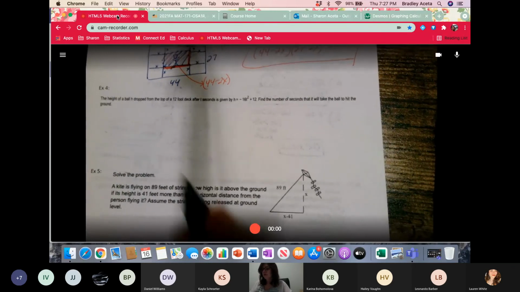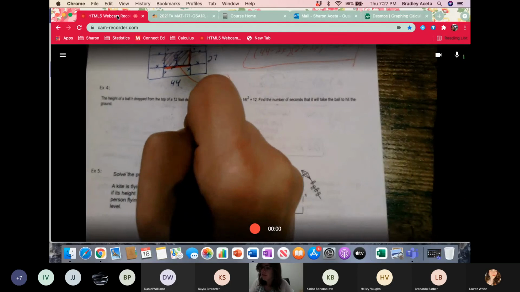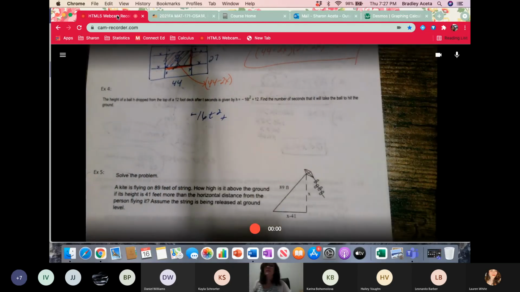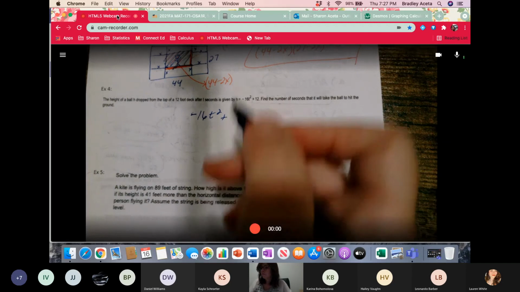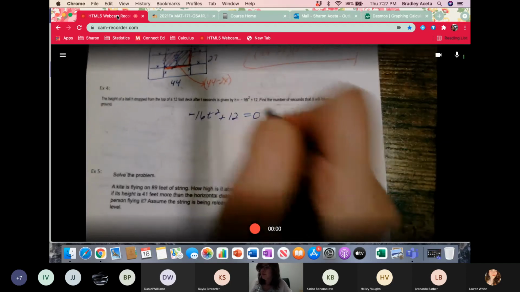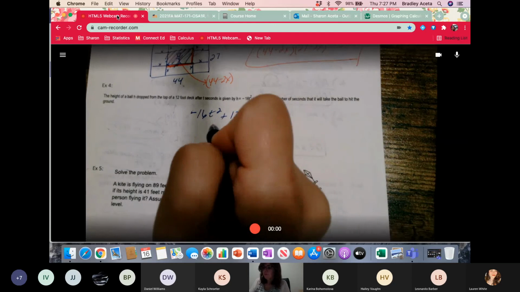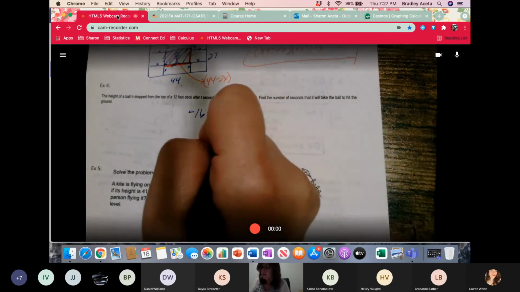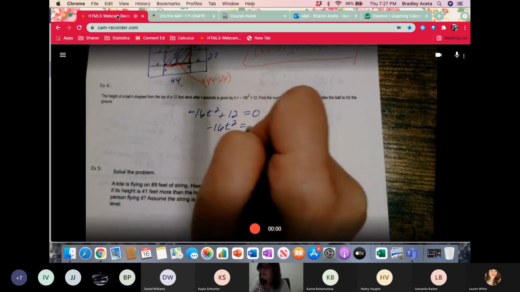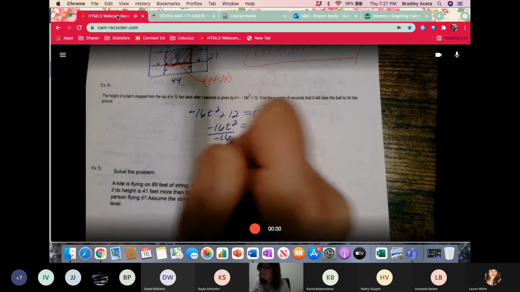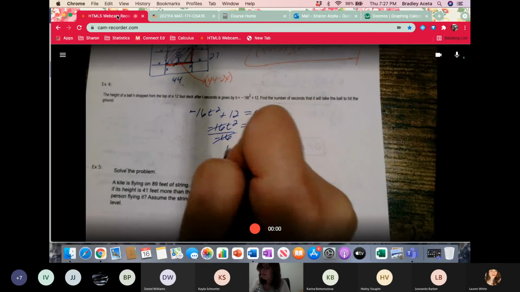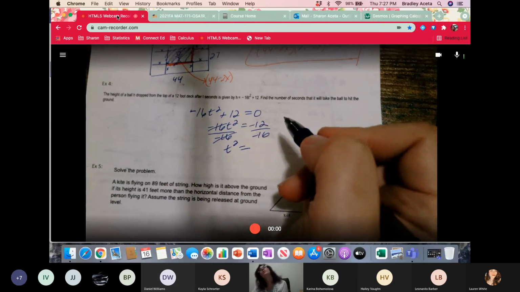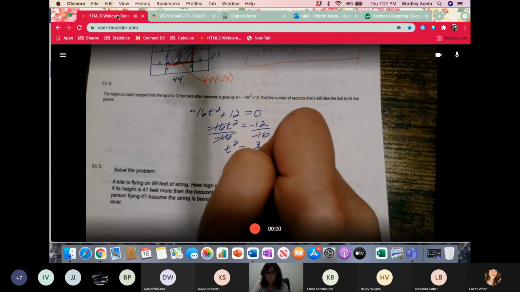So I'm just going to set this negative 16t squared plus 12 equals 0. I just want this height to be 0. When is it going to be 0? So negative 16t squared equals negative 12. Divide by negative 16: t squared equals 12 sixteenths, which reduces to 3/4.